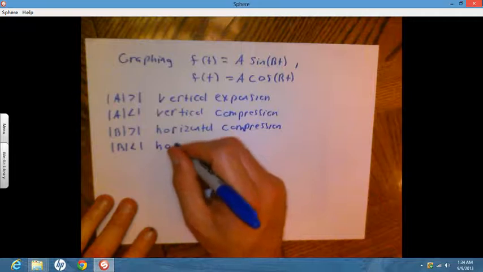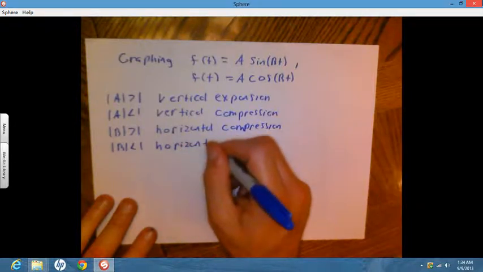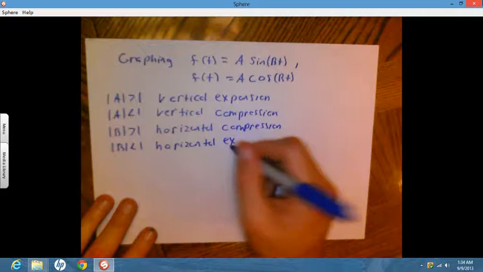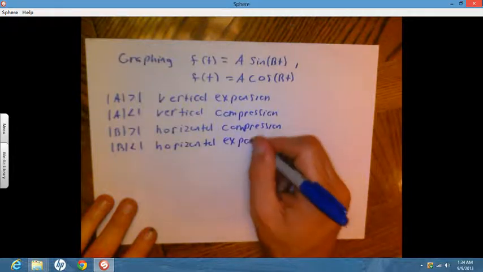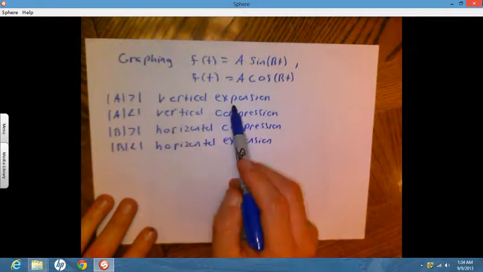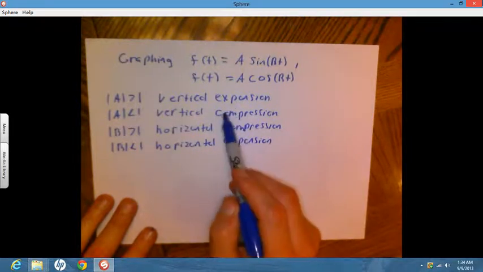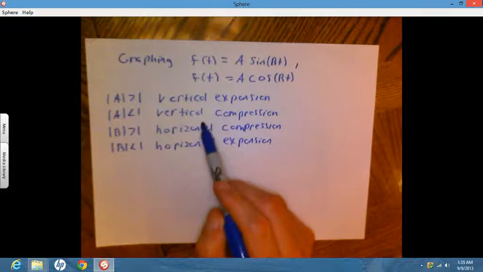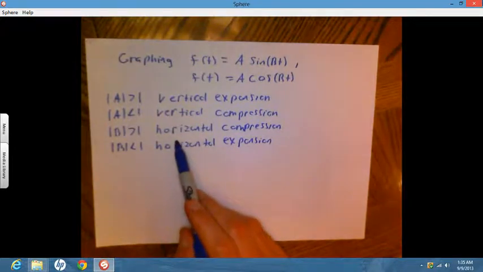Now, if a is bigger than 1, it should be obvious it's going to make the function bigger. If a is less than 1, it's going to squish everything together. Now, if b is bigger than 1, the reason you're having a compression is because you're getting to points on the graph faster, right? So you do not have to travel as far.